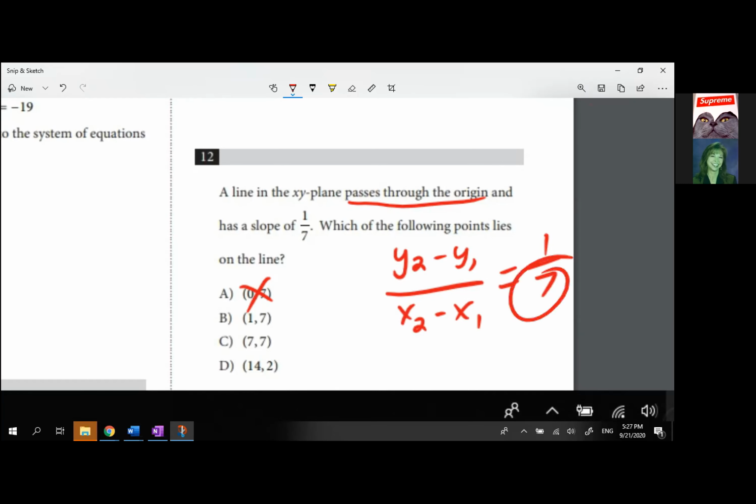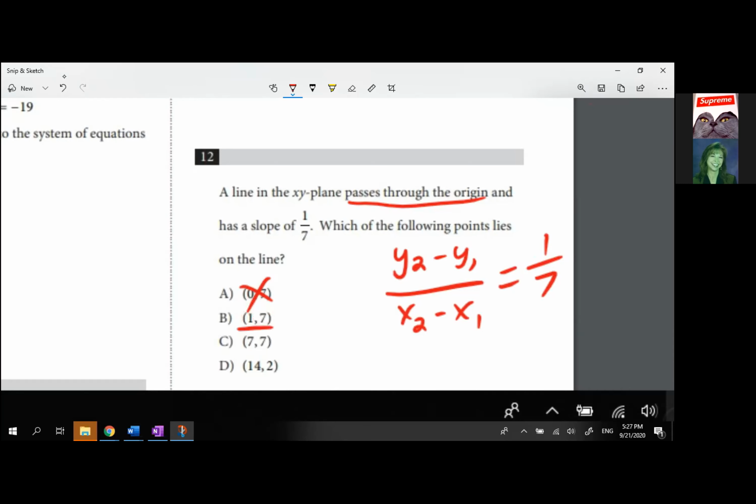So for every 7 it goes to the right on the x axis, it goes up 1, right? So what we're looking at here is the idea that for every 1, it goes up 7.